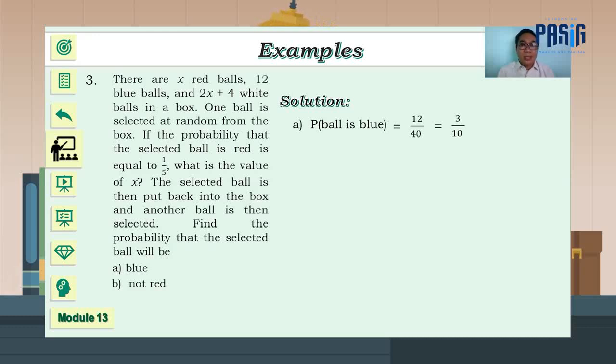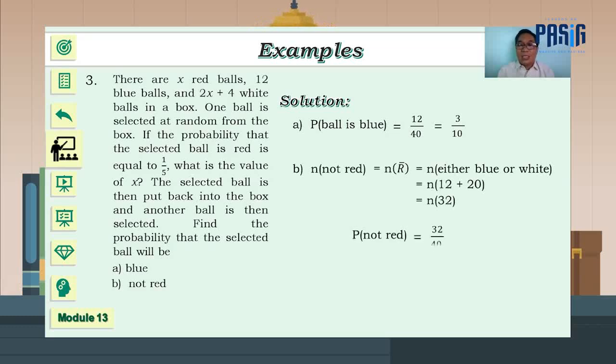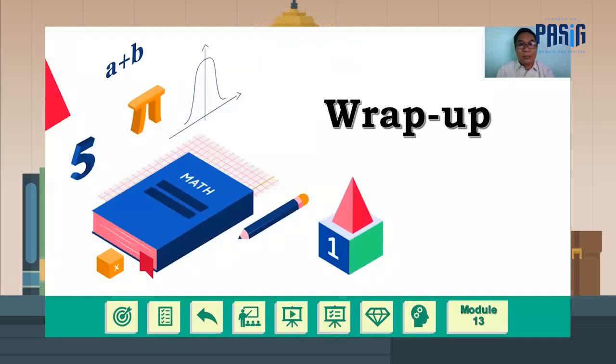For not red, we have blue and white, which is 12 plus 20, and that is 32. So we have your 32 all over 40, and the answer is 4 over 5. So the 32, these are not red, the blue and the white. Okay, question? None? Very good.